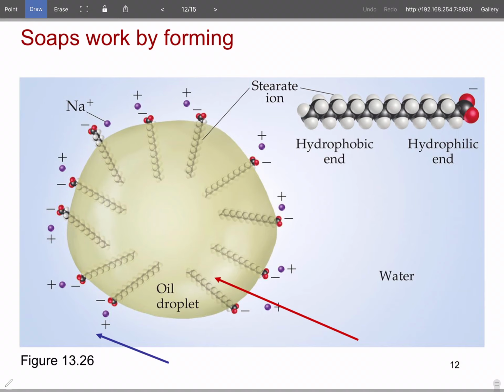Now, how do they work? Well, soaps work by forming something called micelles. Not your cells, micelles.